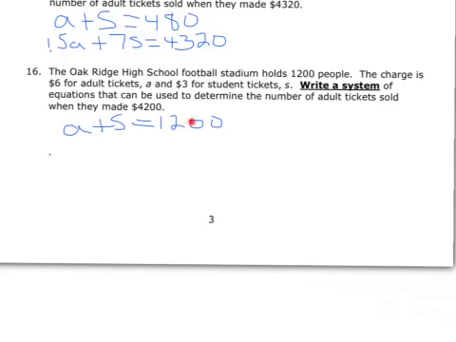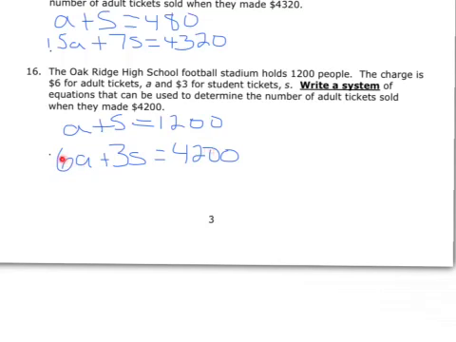Now we have the price for the tickets. So it was $6. So we have $6 per adult plus $3 per student equaled $4,200. Right? So in this we had money plus money equals money. So we have money, money, money, tickets, tickets, tickets, or people, people, people.